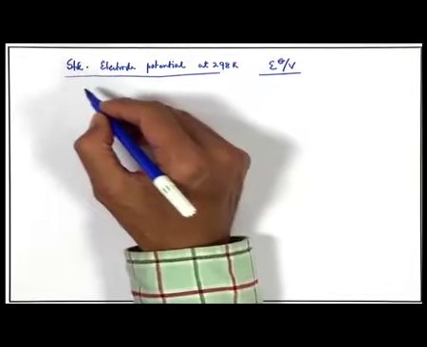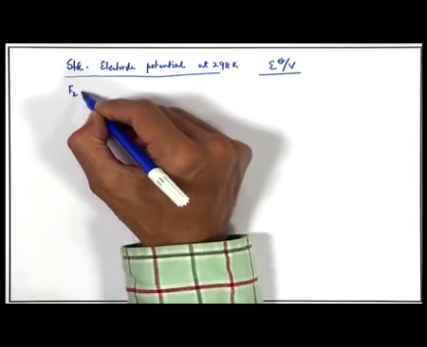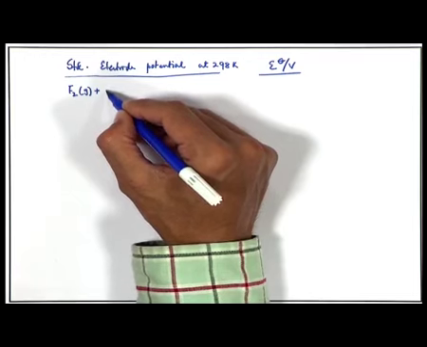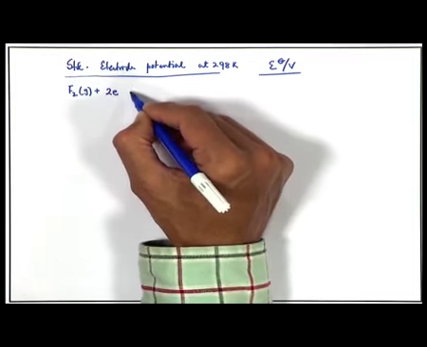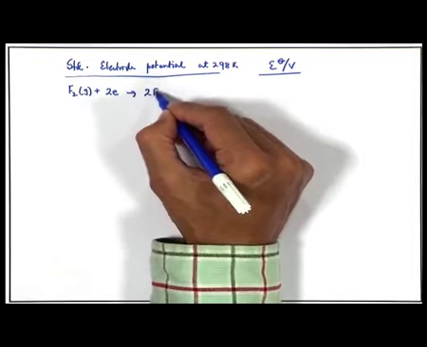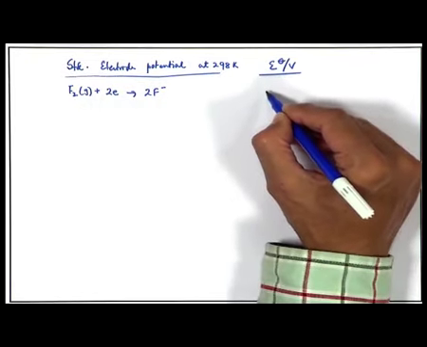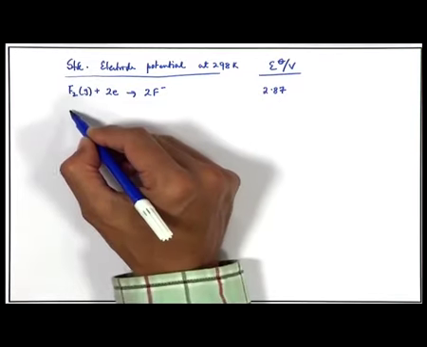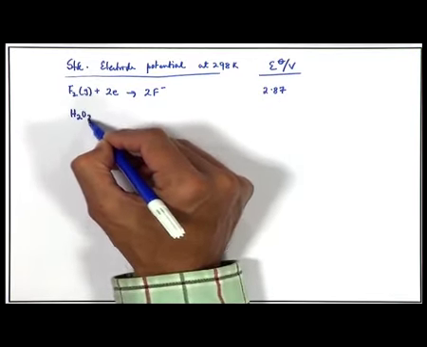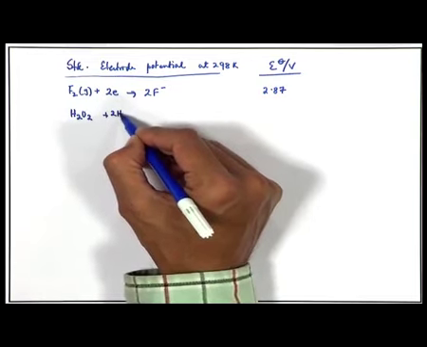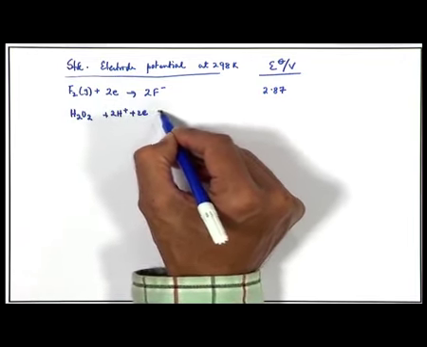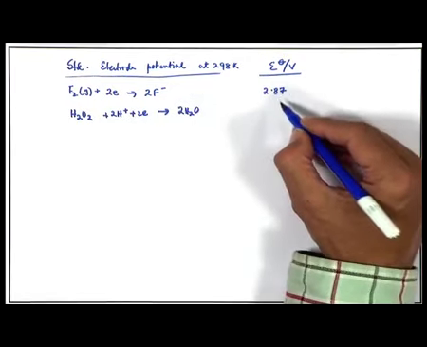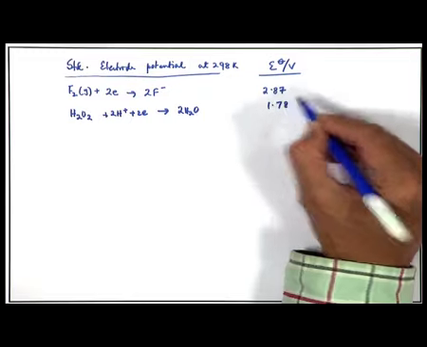So, we will just discuss the reduction reactions involved. If the reaction is F2 gas plus 2 electrons gives 2 F minus, its value is 2.87. Then take another, H2O2 plus 2 H plus plus 2 electrons, that gets you 2 H2O. Its value is 1.78.